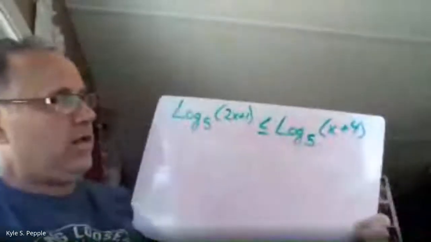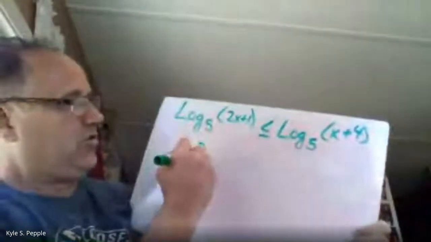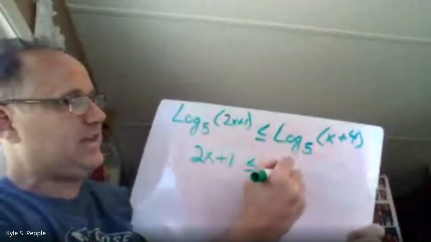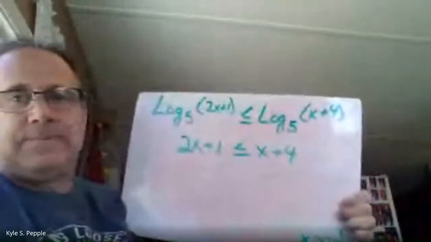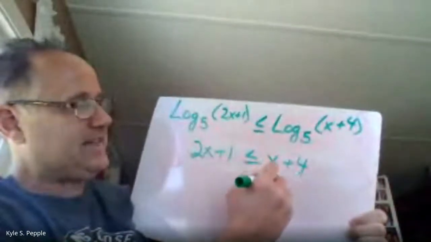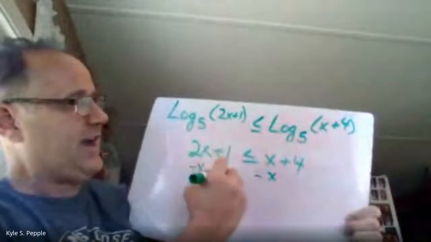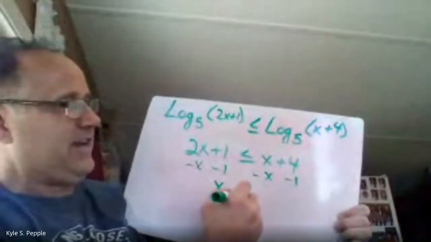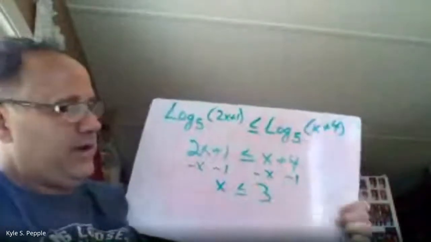Now we're going to set our inequality. 2x plus 1 less than or equal to x plus 4. Subtract x. Subtract 1. X less than or equal to 3.